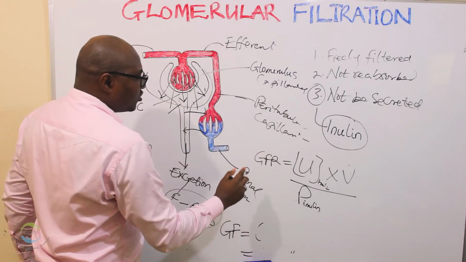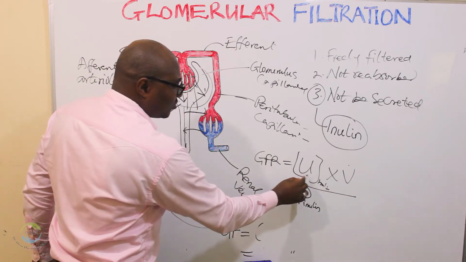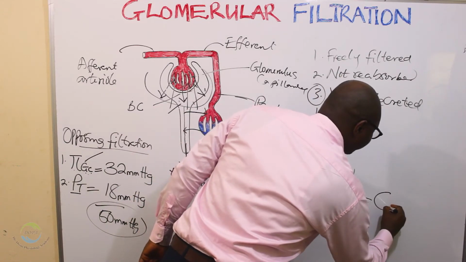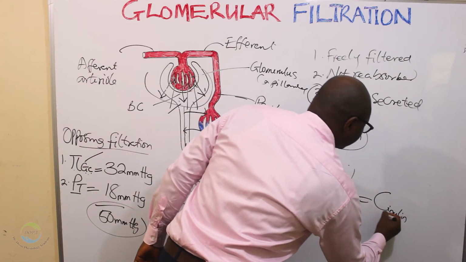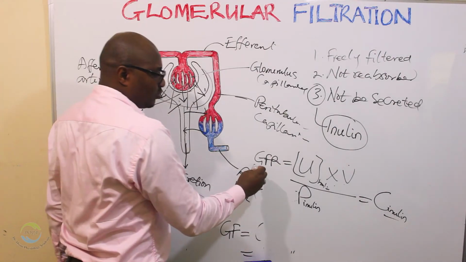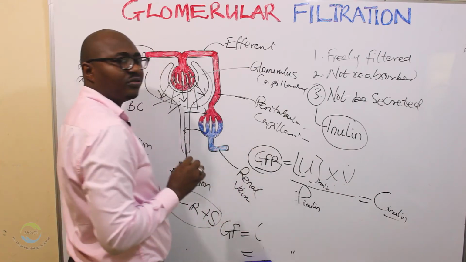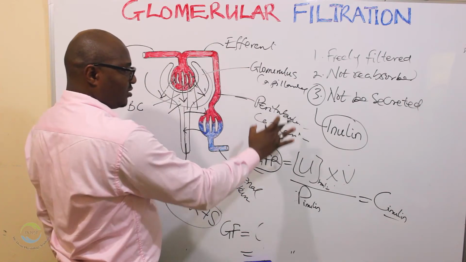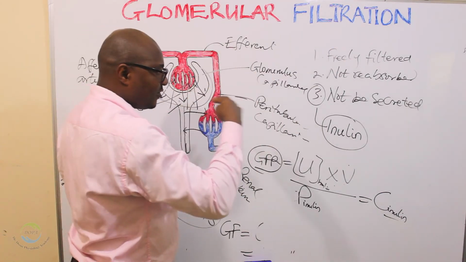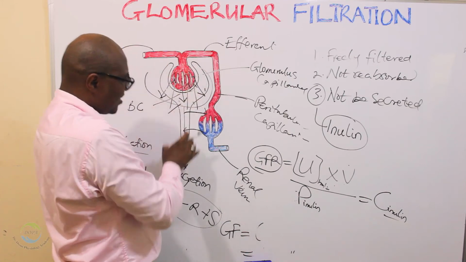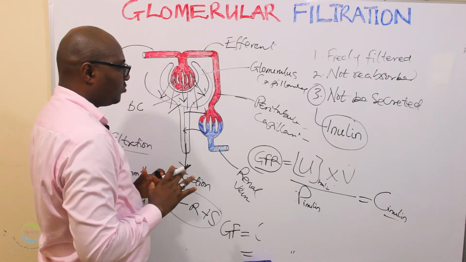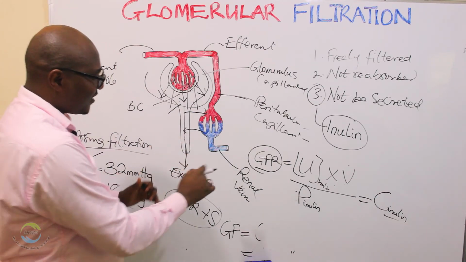When you extrapolate this, it will give you the clearance of inulin, and the clearance of inulin is equivalent to the glomerular filtration rate because of the unique properties of inulin. It's freely filtered, not reabsorbed, not secreted, so it measures only what is filtered. This is how the clearance method helps us get GFR.